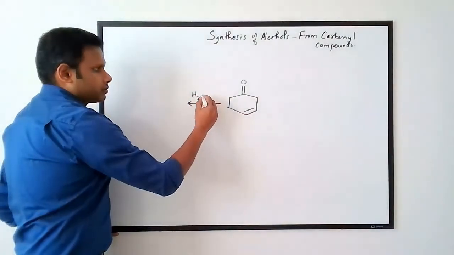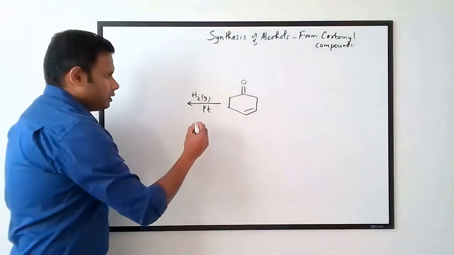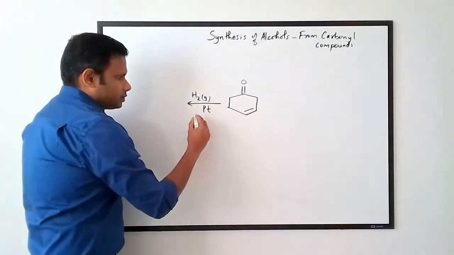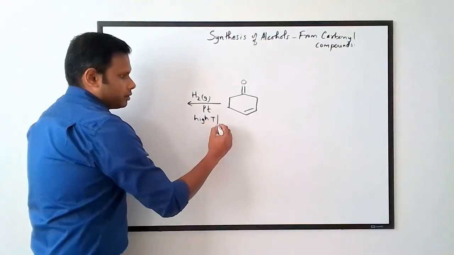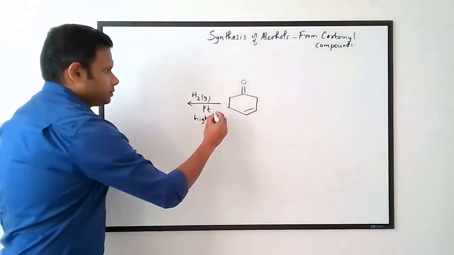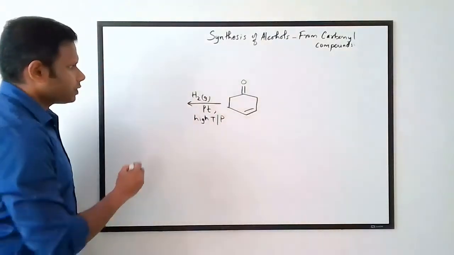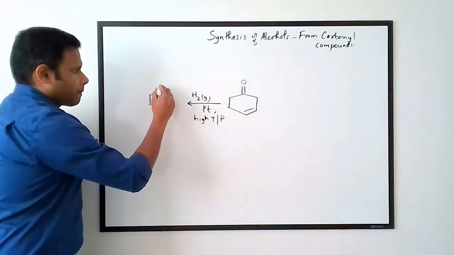So if we do hydrogen gas with platinum, and this reaction is usually done at high temperatures and pressures, you're going to get the alcohol.